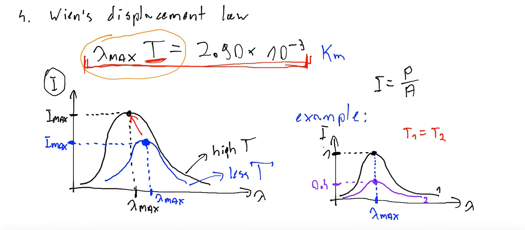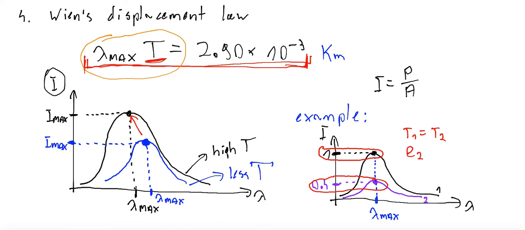Okay, and let's look. If first object has intensity bigger than the other, then there is only one solution. If objects have the same temperature and different intensities, it means that the second object has smaller emissivity.